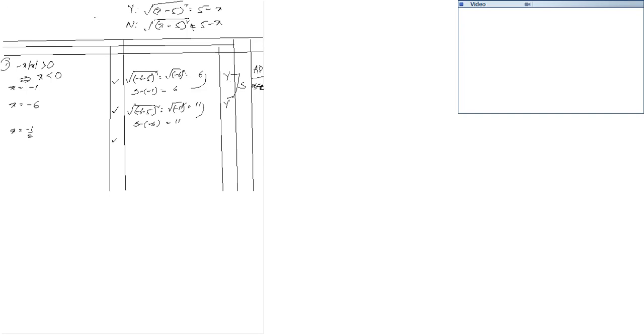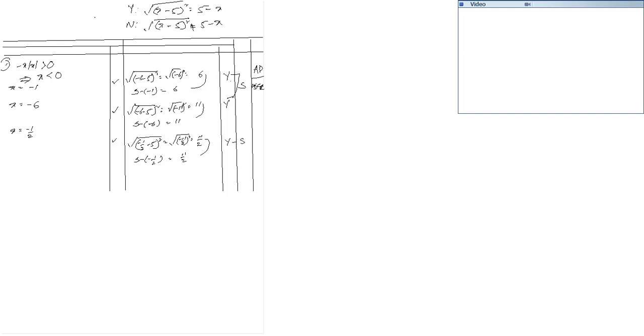Root of (-1/2 minus 5) the whole square, what do we get? Root of (-11/2) the whole square, which is equal to 11/2. On the right hand side, 5 minus (-1/2) is also equal to 11/2. The same, so yes.